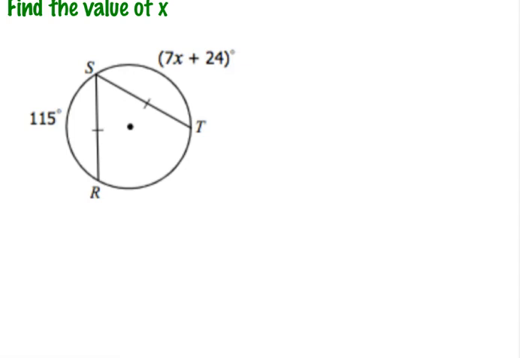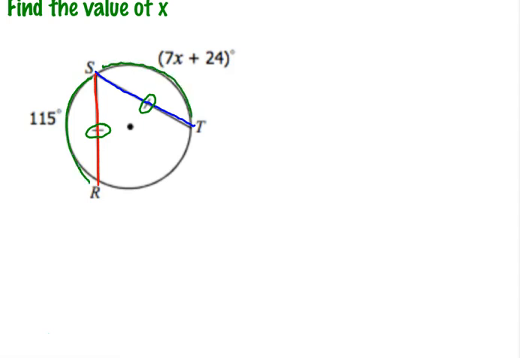So it says find the value of x. So we should notice that chord SR is congruent to chord ST. And how do I know that, if you're wondering? Well, I have one tick mark and one tick mark, which means my chords are equal. And if I have congruent chords, that means these arcs are equal.